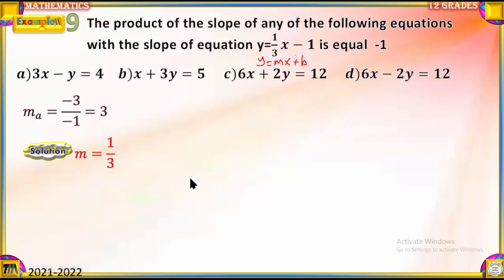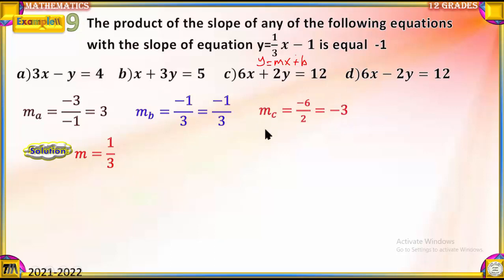Now we take B. m of B is equal to minus a over b, which is minus 1 over 3. If we multiply these two numbers, minus 1 over 3 times 1 over 3 is minus 1 over 9, which is not minus 1. Then it is not a correct answer.